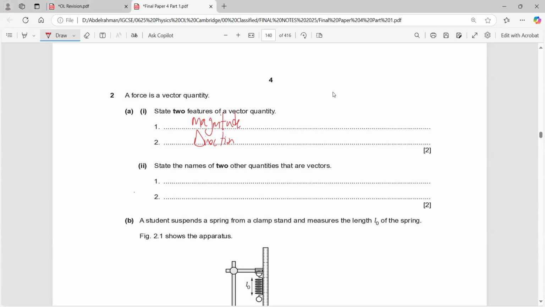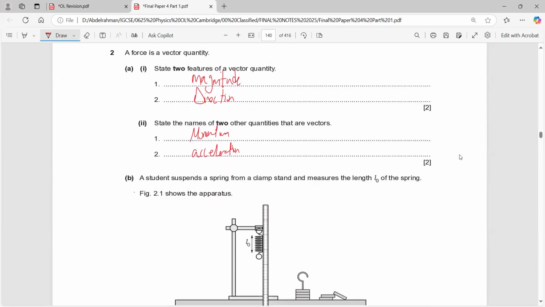State the names of two other quantities that are vectors. Any two other quantities. Weight and momentum. And let's say acceleration, velocity. Yes.